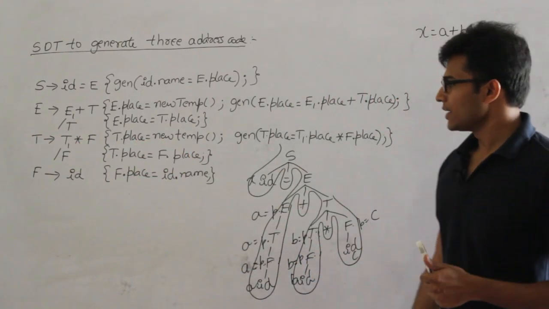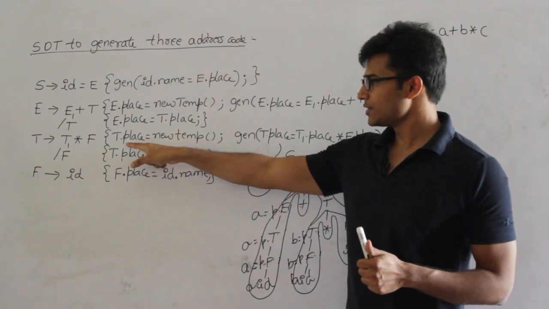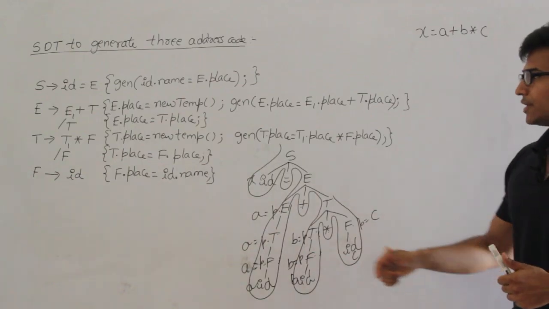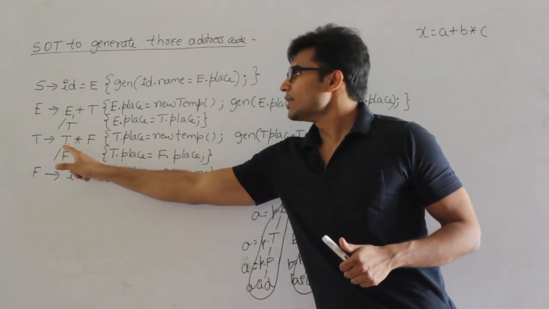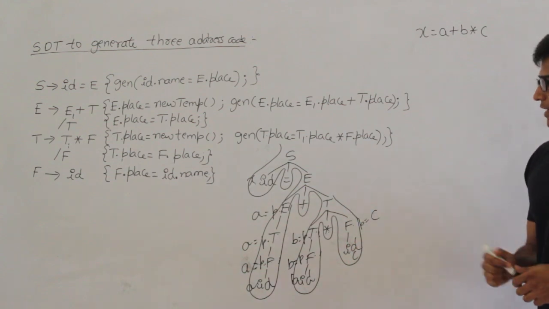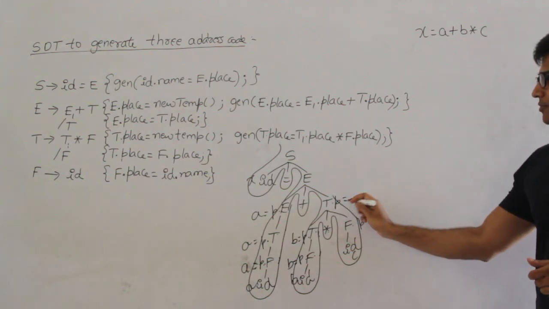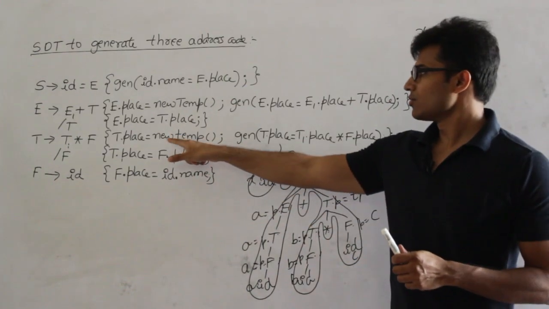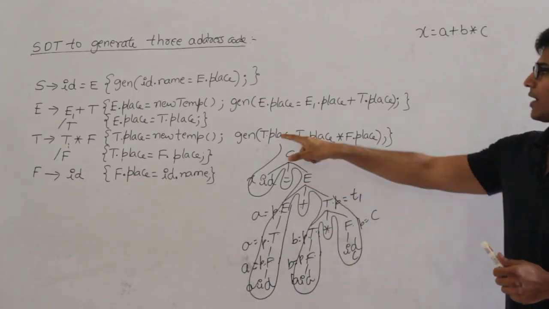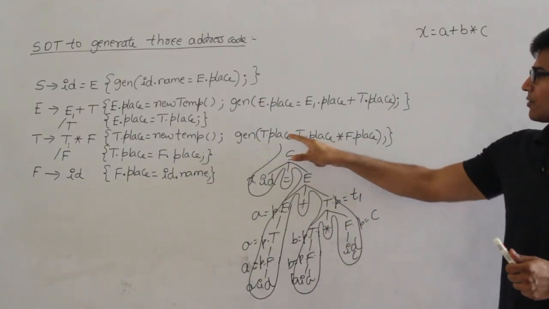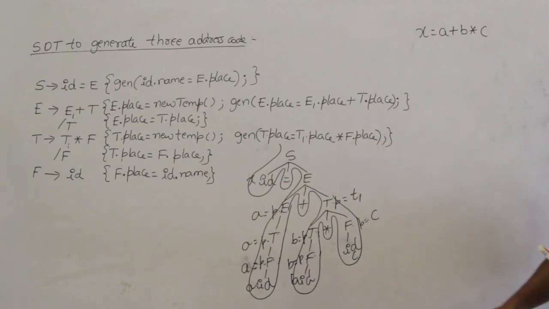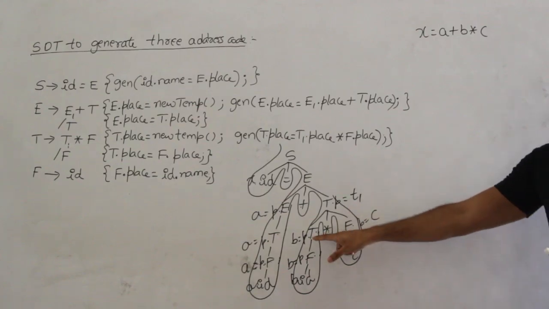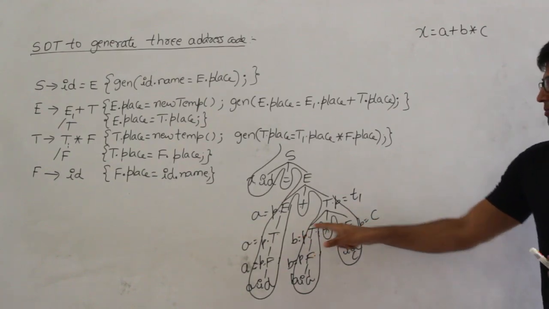In that case, what is the action? One action is t dot place equal to new temporary variable, which means for the left side t, see, left side t is t and right side t is t1, which means for the left side t we are going to create a new temporary variable. Let us say new temporary variable is t1. So t dot place equal to t1, and now I am generating the code t dot place equal to t1 dot place into f dot place, which means t1 is equal to b into c.